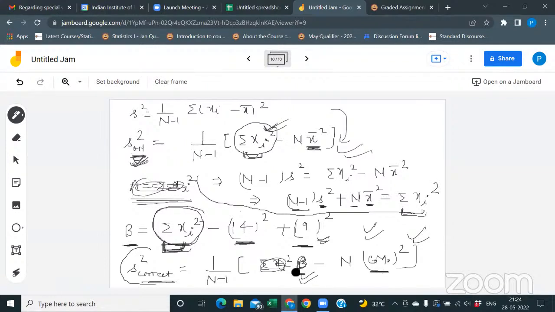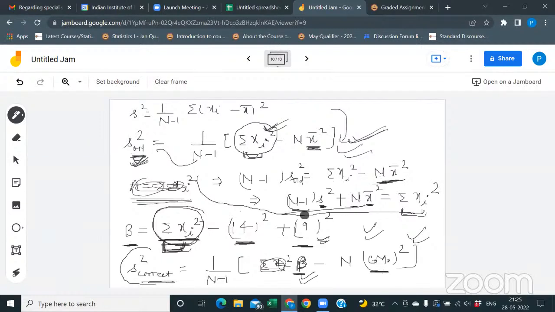Okay. And for knowing the B, you must know the summation of xi square. So how can you calculate the summation of xi square? You can calculate by this equation: n minus 1 into s square old equals summation xi square minus n times x bar square.